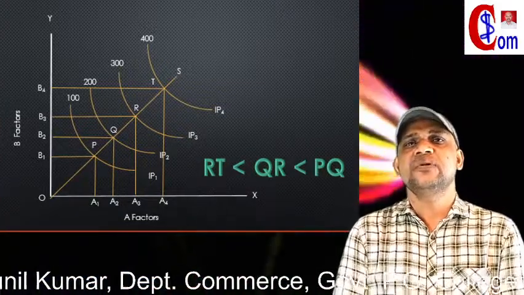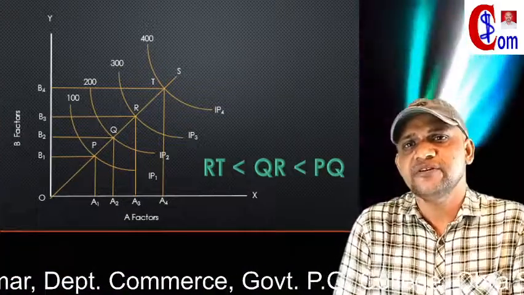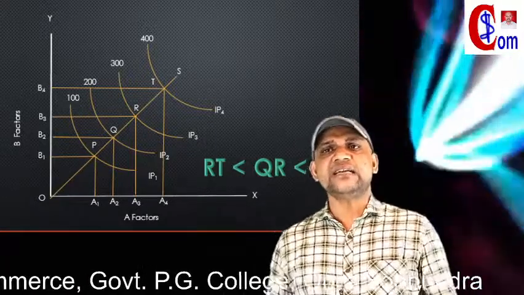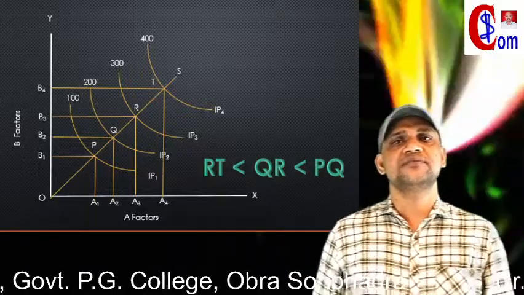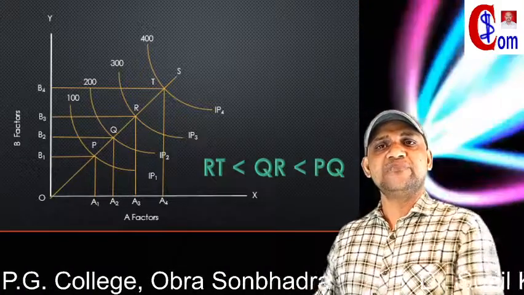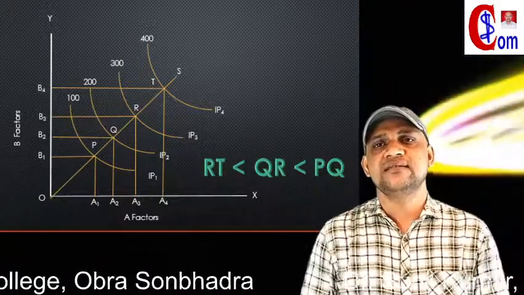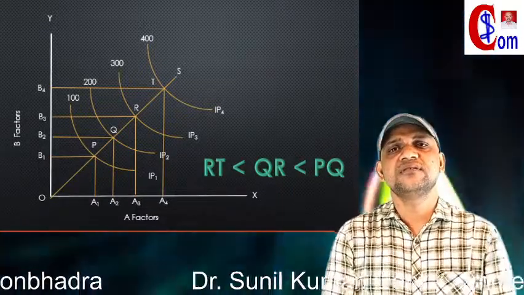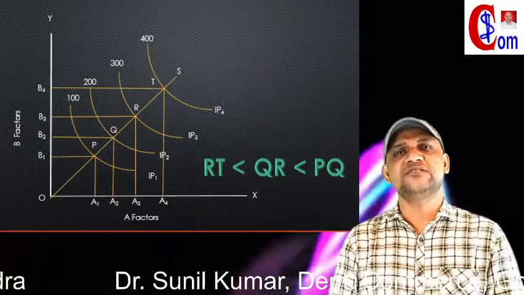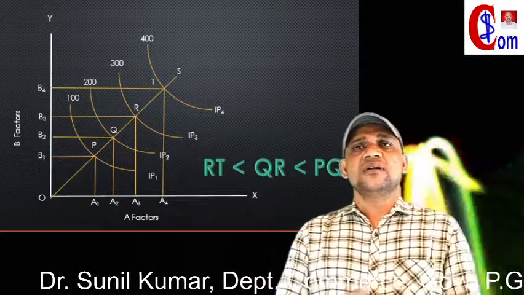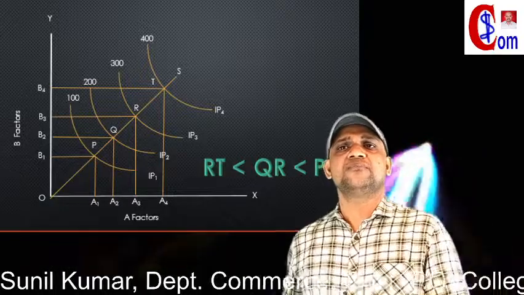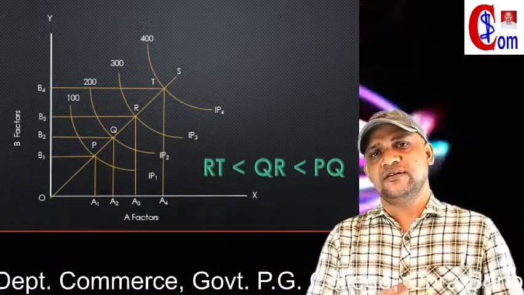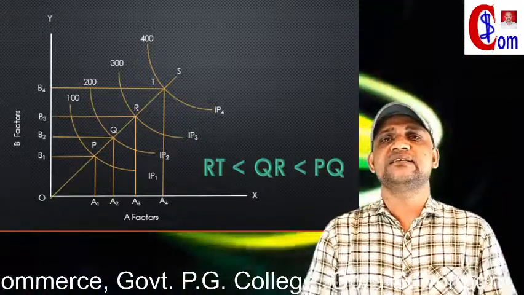IP1, IP2, IP3 and IP4 are identical isoproduct curves which represent equal increases in the quantity of production, but with every successive isoproduct curve the rate of proportionate change in factor quantity goes on decreasing.